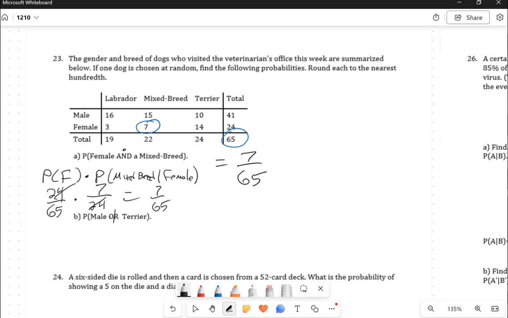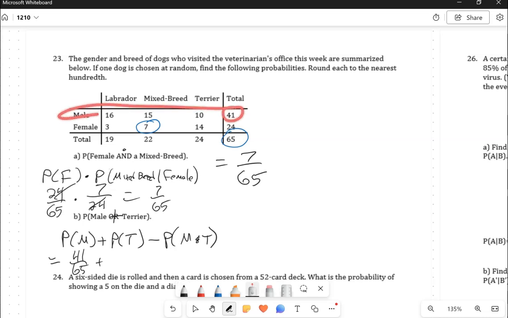Male or terrier. Now, or is addition. So we could do this with probability of male plus probability of terrier. But then there's also minus the probability of male and terrier. That's the rule. The probability being male, there are 41 out of 65. 41 male, 65 total. Probability of terrier is 24 out of 65.